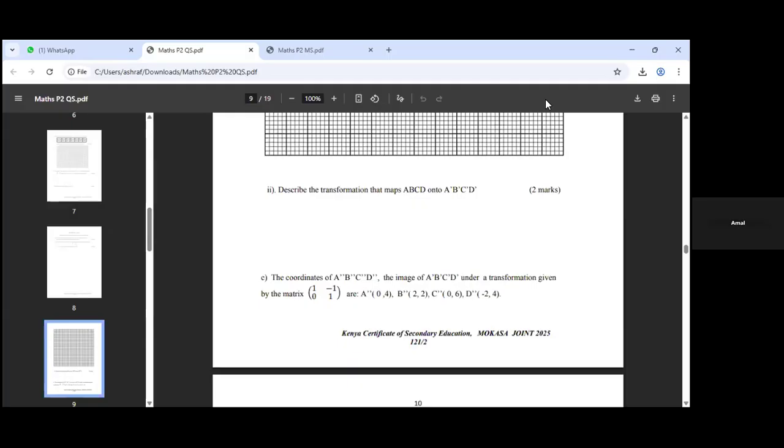Are you together? Then suppose it was a rotation. How do we fully describe a rotation? Yes, Melvin. He states the rotation, the angle of rotation, and the center of rotation. Good.